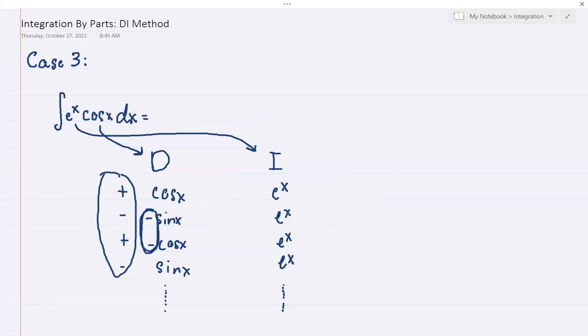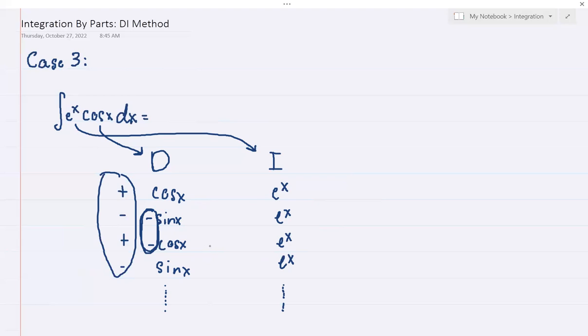Remove the signs first and observe the functions. Now, do you think there's a repeating row here? First we have e raised to x and cosine x, which is this one, right? But take a look, we have another cosine and e raised to x here, right? So it's repeating, okay? Despite the sign, it's still there.